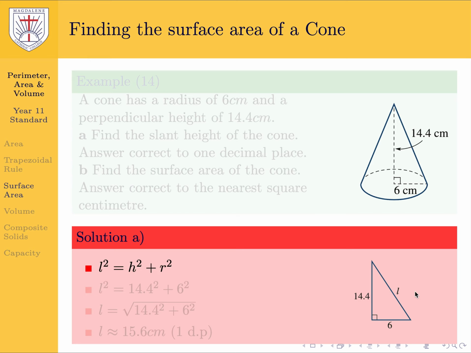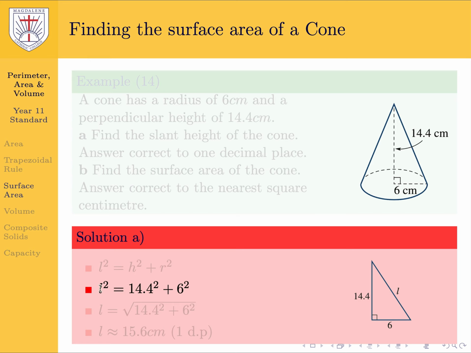Normally we would have a squared plus b squared equals c squared, but because we've got some things that are a bit different, I'm going to say it in a different order: L squared, which is the hypotenuse, is equal to the height squared plus the radius squared. We know the height is 14.4, and we know the radius, which is 6. So I'm going to substitute those values in, and you can see that's what I end up with.